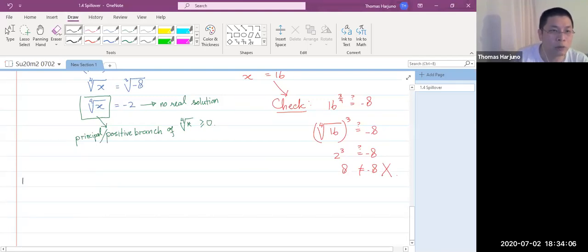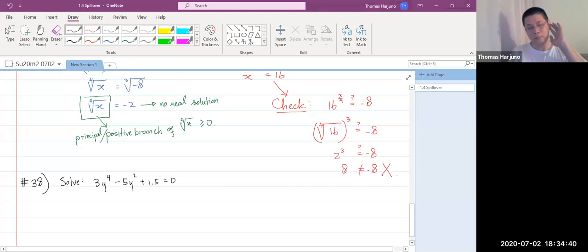One question that I would like to go over from yesterday is number 38, which is parallel to your number 37. The one I said yesterday, you need to be a bit careful. Not careful, I should say that question is tedious. Number 38, I get 3y to the 4th minus 5y squared plus 1.5 equals 0.